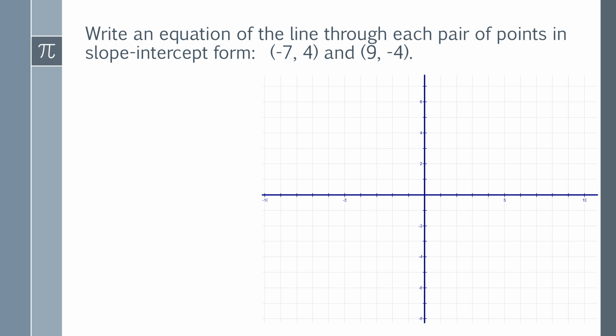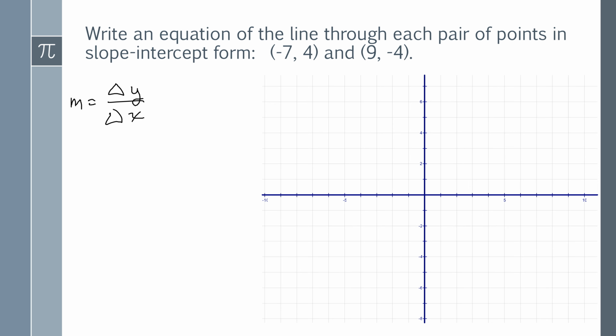Write an equation of the line through each pair of points in slope-intercept form. Okay, so here, first I have to find the slope. I can draw the line, but I still need to find the slope. So let's solve for m. m is always the change in y over the change in x, right?